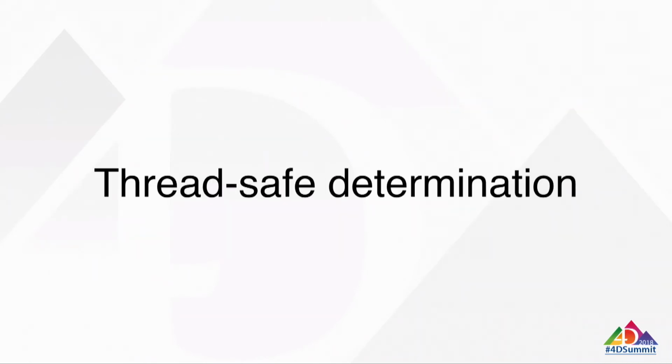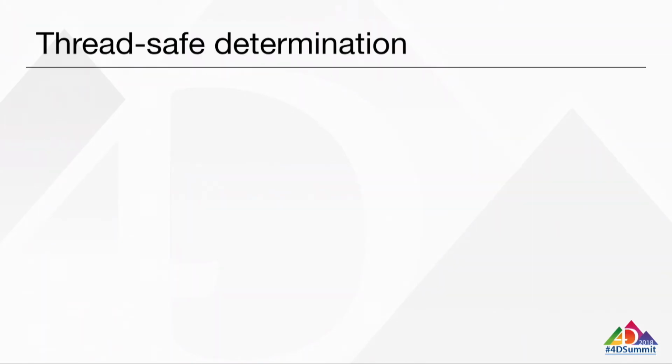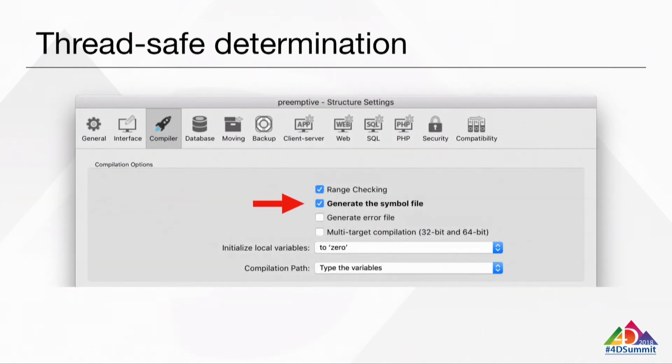Okay, so this is the process on how you determine whether your database or your code is thread safe or not. So a couple of techniques here. So from the structure window, right? If you go to compiler settings, the second option there, the first thing you want to do is to enable the option to generate a symbol file.